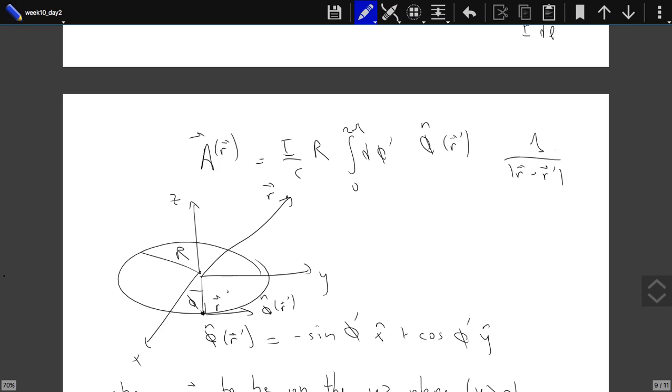So you see, if we look at it from the top, this is my x, this is my y, this is my r prime vector, this is phi, this is phi hat at the point r prime.